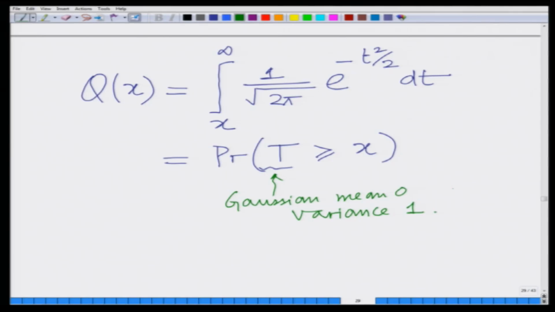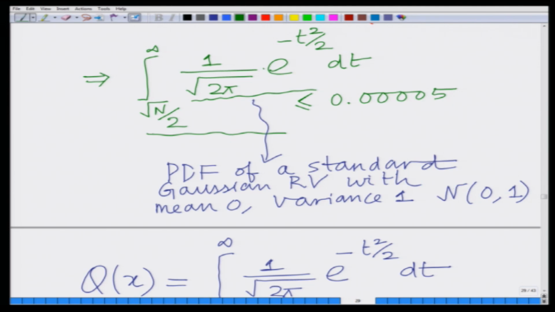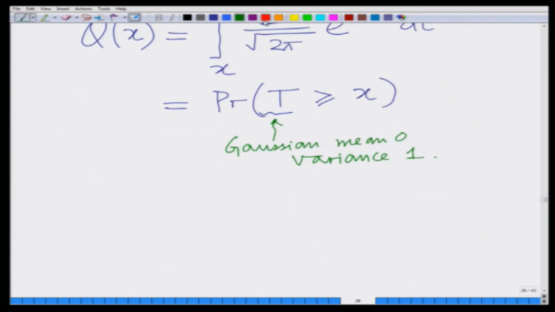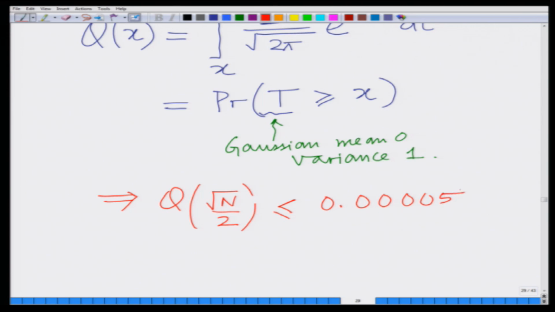Therefore, the integral over here is nothing but Q of square root of n divided by 2. We are replacing x by square root of n by 2. So this reduces to the condition that Q of square root of n by 2 has to be less than or equal to 0.00005.